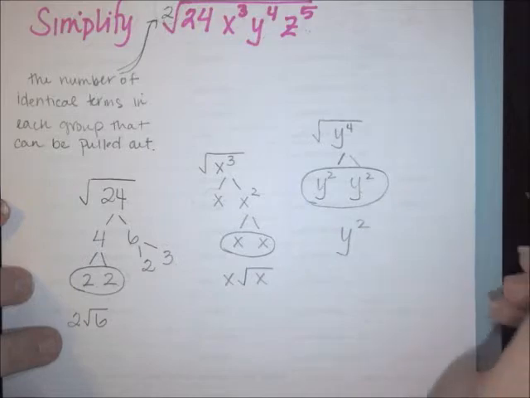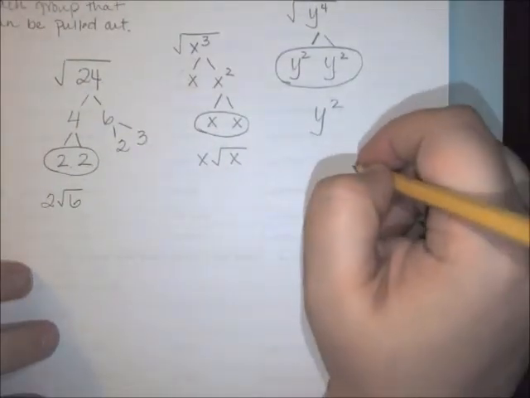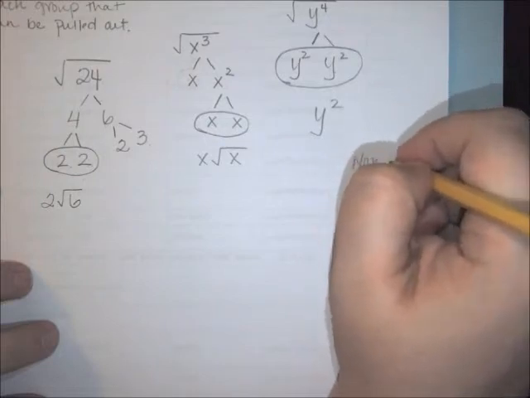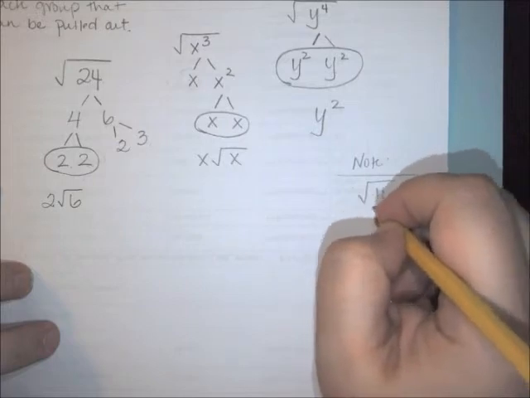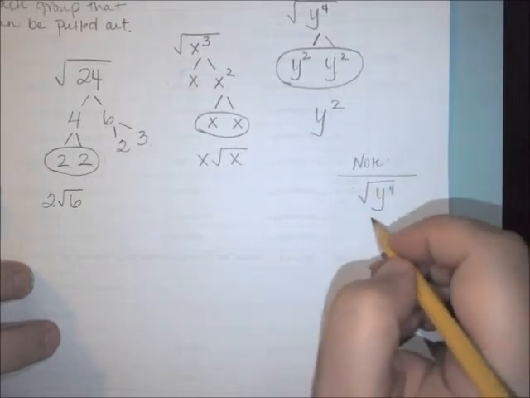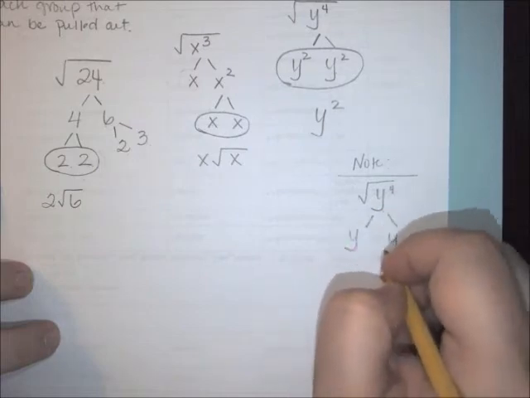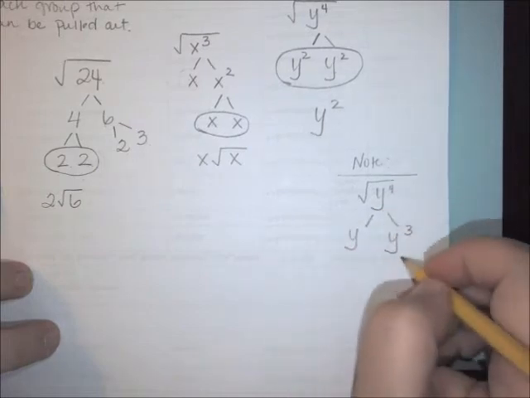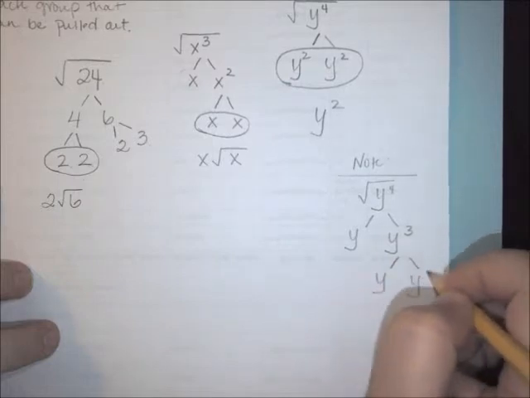Okay. Or another way that I could have broken it down is, I had the square root of y to the 4th. I know that it can break down as y and y to the 3rd. I know that this can break down into y and y to the second.